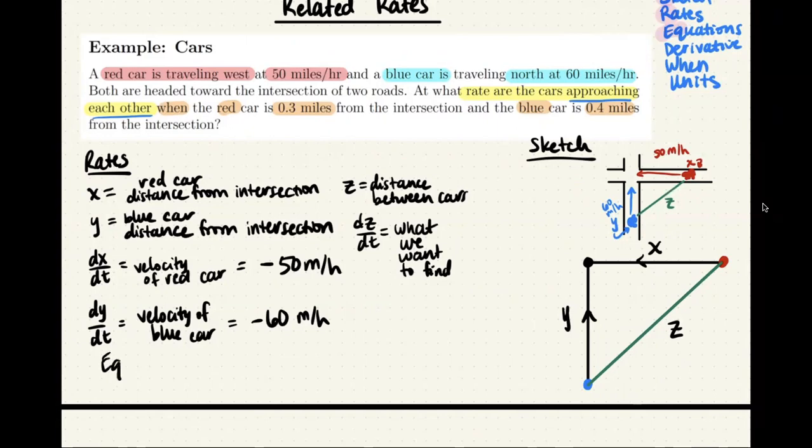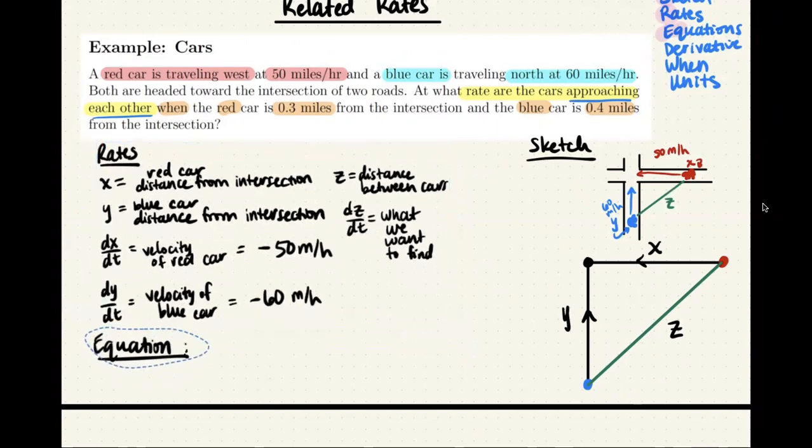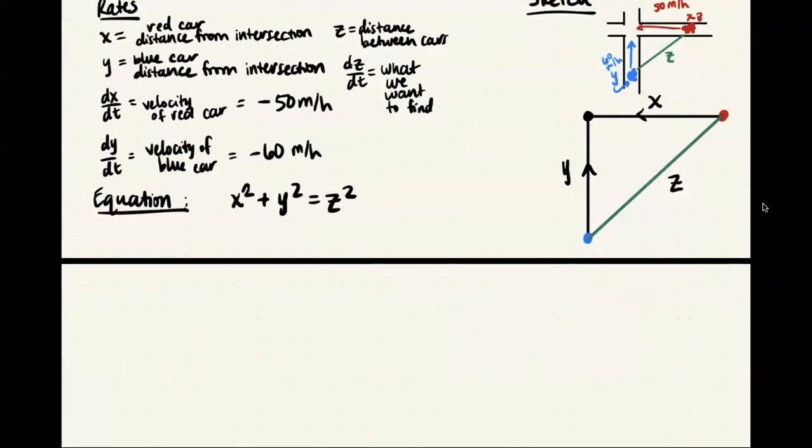So my equation that relates these things is Pythagorean's theorem. This is a right triangle. So I know that x squared plus y squared equals z squared. These are the legs of the right triangle, and this is the hypotenuse. So I can write down an equation relating those things.